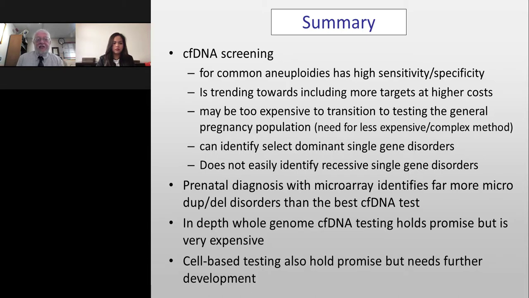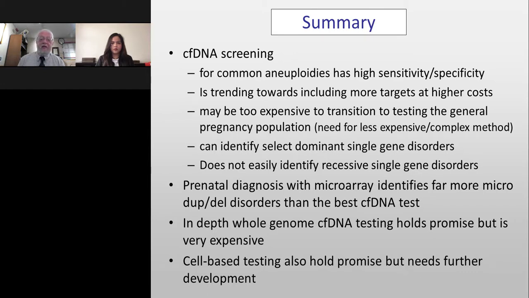But we did a quick analysis and found that if you were going to give about a 20-minute genetic counselor-based session for the general pregnancy population that might be tested, which is maybe 2.5 million pregnancies, that would take all the genetic counselors that are likely to graduate in the next 10 years. And clearly they have other things they need to do as well. So that might be an aspirational goal, but it's just not reasonable.